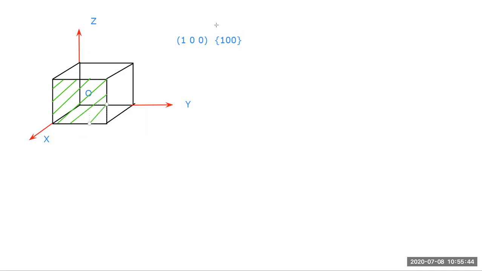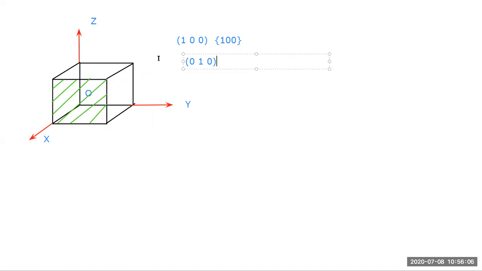Then how do you draw the plane 010? In the same way, 0 1 0. So x is 0, y is 1, so the y intercept is 1. This one point is here, and z is 0. So which plane is there?